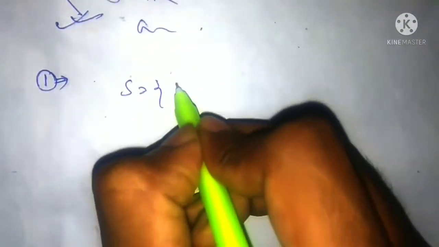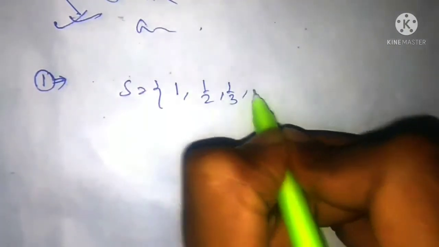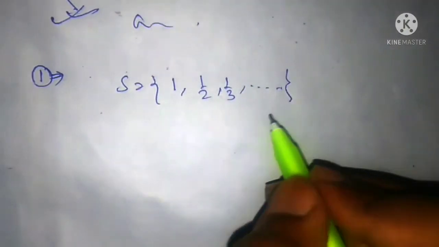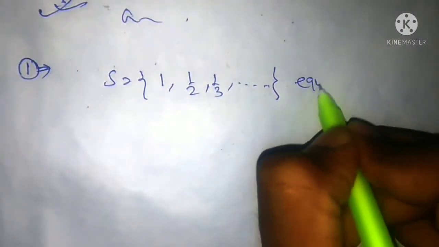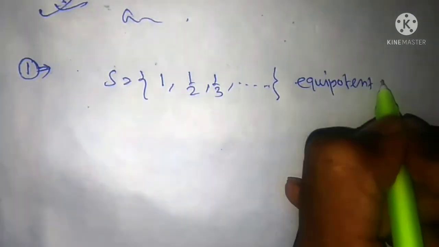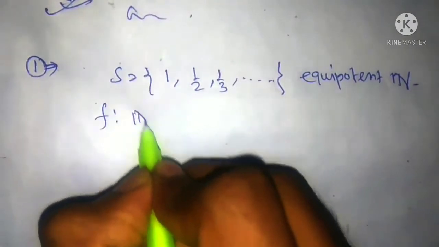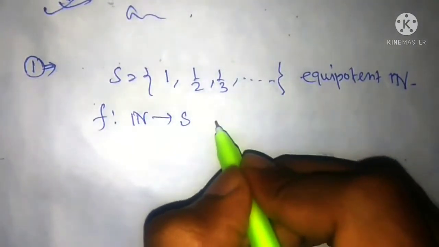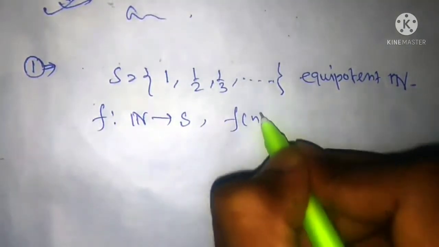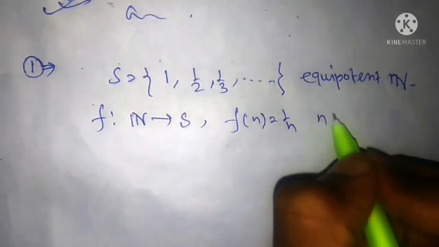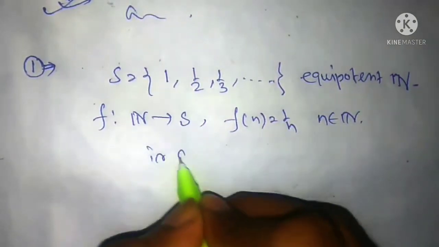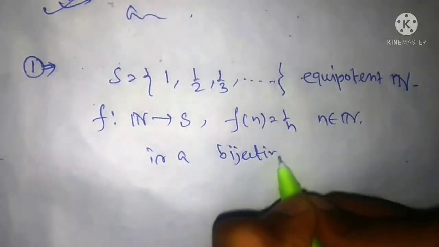I give you an example which you will have to do yourself, okay. S equals 1, 1/2, 1/3, and so on, and this is equipotent with the set of natural numbers, because the mapping f from natural numbers to S, defined by f(n) equals 1 by n such that n belongs to N, is a bijective mapping.